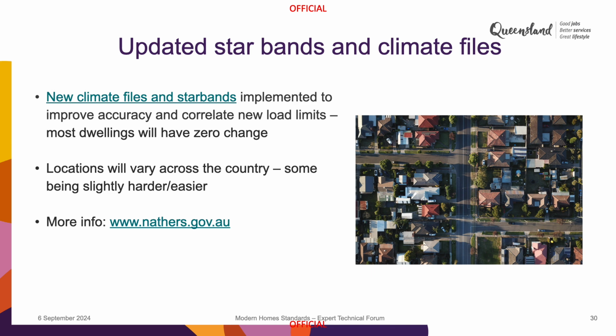As part of that collection and addition of data, there was also the re-star banding done for the NatHERS star bands. So this has actually meant that Brisbane has fared better. With the changes to NatHERS as part of NCC 2022, Brisbane gets a higher thermal rating, whereas some other locations like Sydney and Melbourne fared slightly worse. But overall, there was zero change.